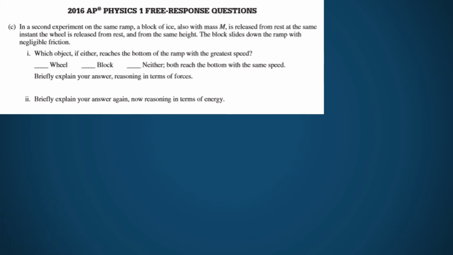A block of ice, also mass m, is released from rest from the same height. Which object reaches the bottom of the ramp with the greatest speed? Neither. Both reach the bottom with the same speed.